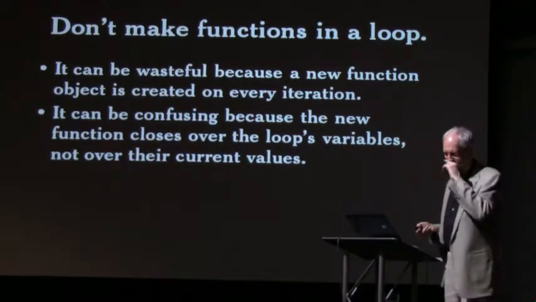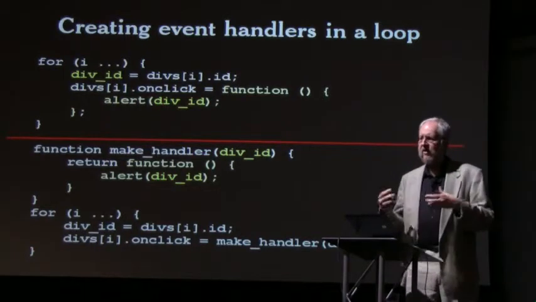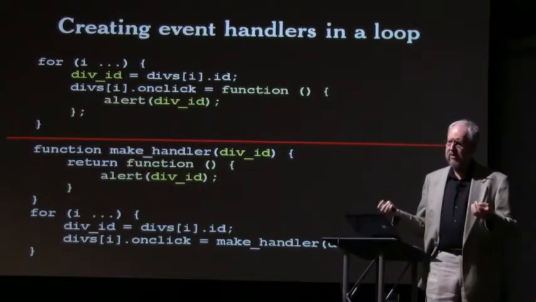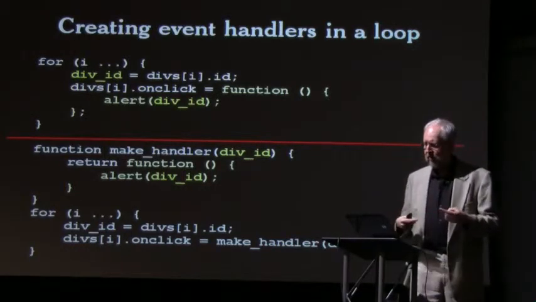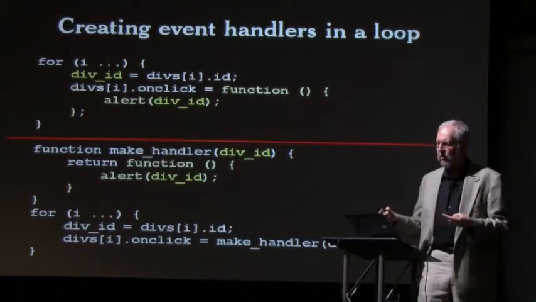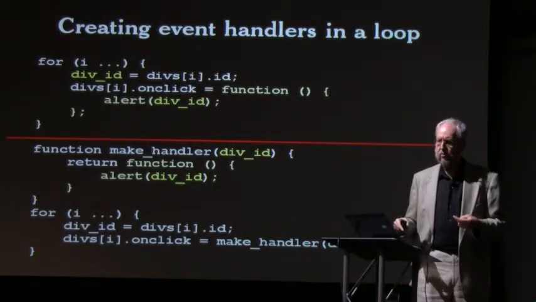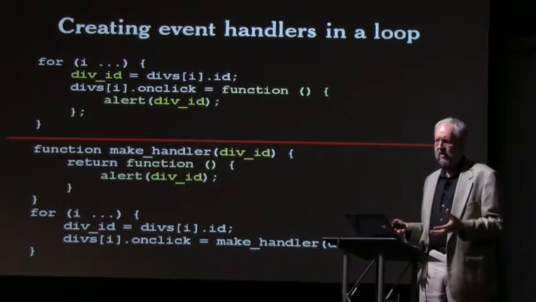So let me show you an example. A really common error, say you've got an array of divs and you want to attach an event handler to each one. So you go through the array in a loop, and for each one you want to add an onClick handler which will display its ID number when it's clicked on.